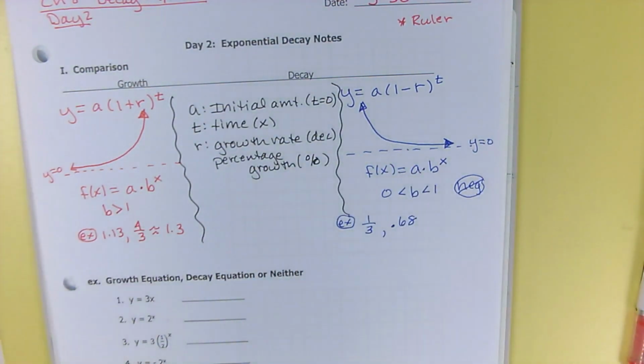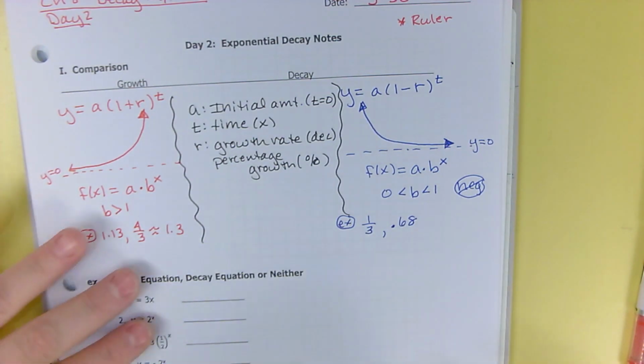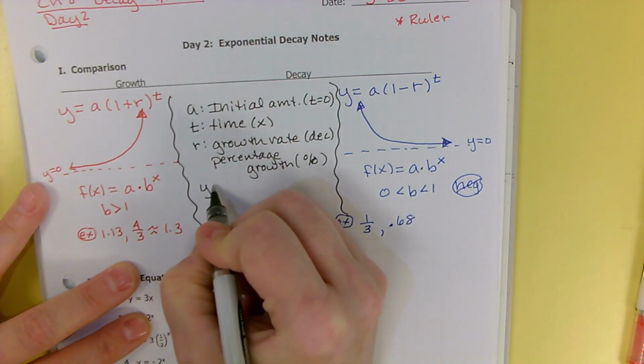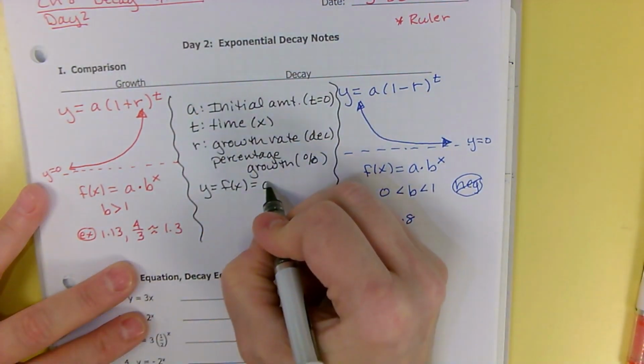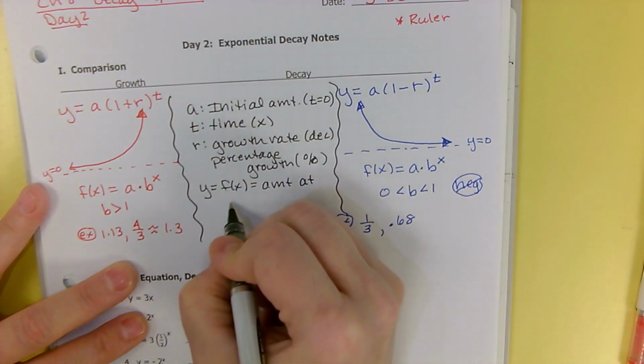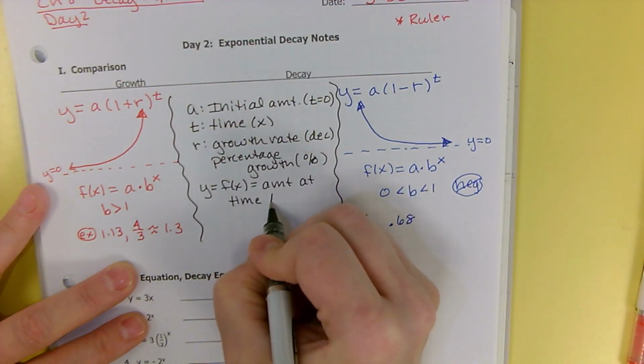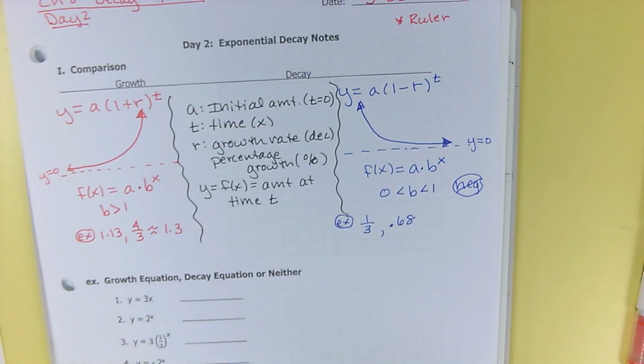So you have to base the form of your answer off of how they phrase the question. If they say they want the growth rate, give the decimal. If they say they want the percentage growth, give the percent. And then, of course, the y value, or the f of x value, is the amount at time t. So in order to get the amount, you have to know at what time you're talking about. You have to enter a time.